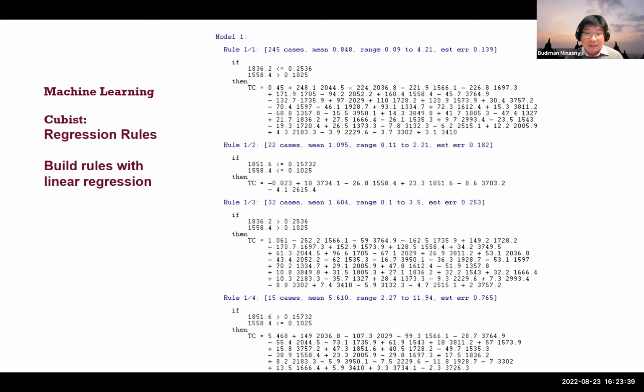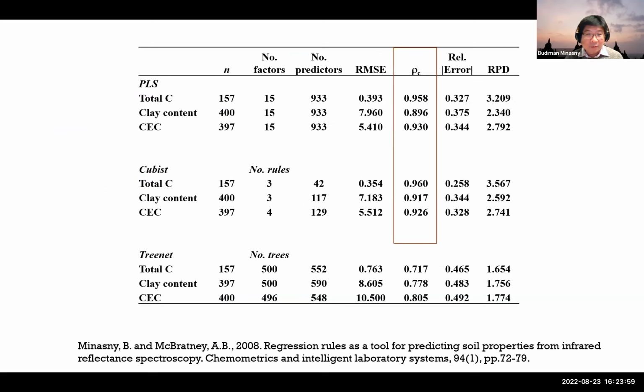Which is surprisingly very effective considering you're presenting the machine learning models with 2,000 variables, and the predictions are just single rules based on a single wavelength or waveband, right?